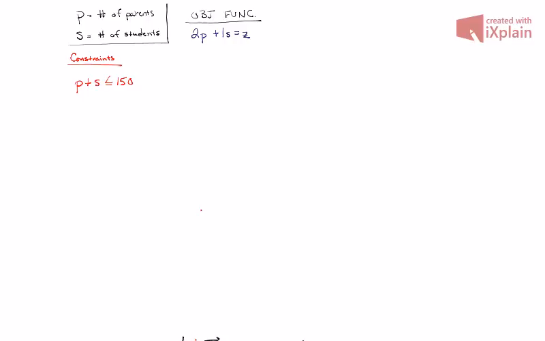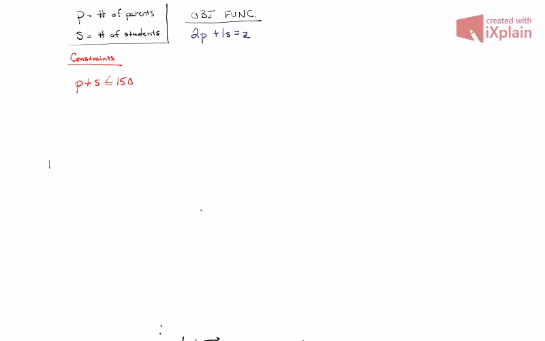The second part, or the second constraint, is a little bit trickier. So the second constraint reads that every two parents must bring in at least one student. So in other words, we need to set up a ratio here. So I'm going to kind of work in some blue ink at the lower left-hand corner.